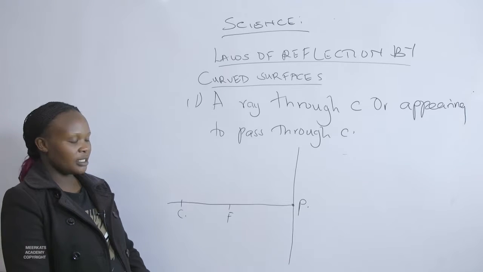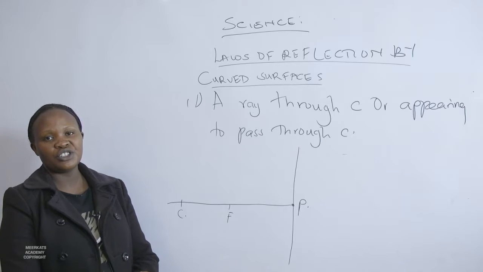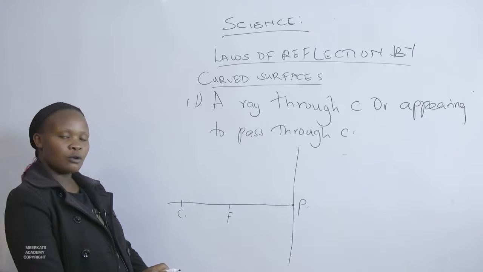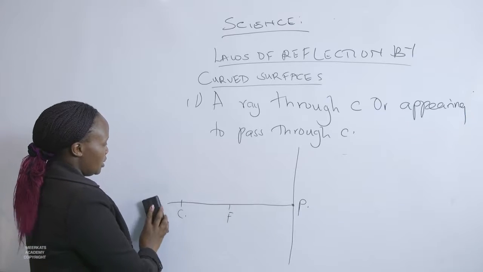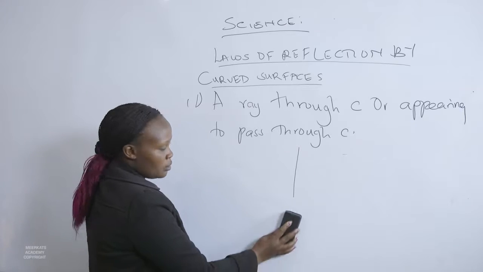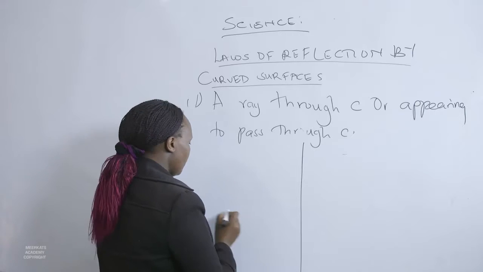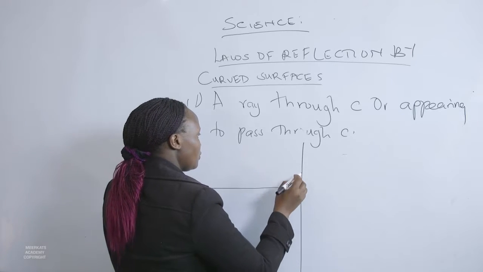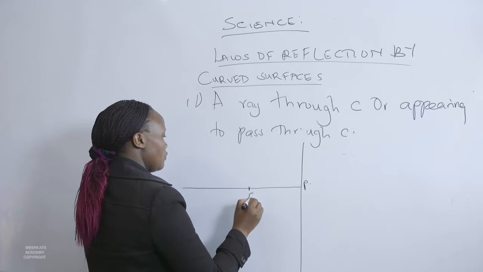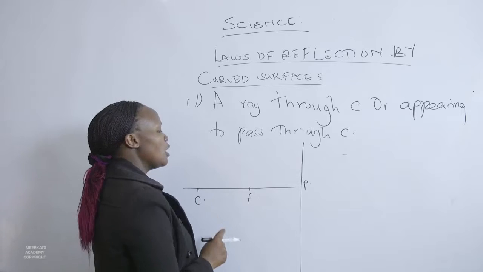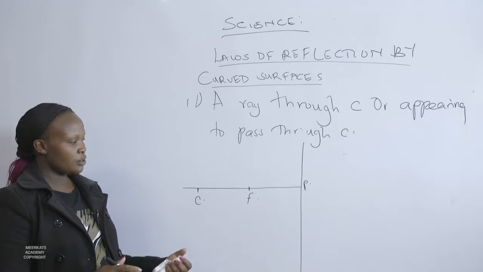Remember, we defined it as the center of that sphere of which our reflecting surface forms part. This is the pole, this is F, this is C. Now, we could consider a ray of light that passes through C.